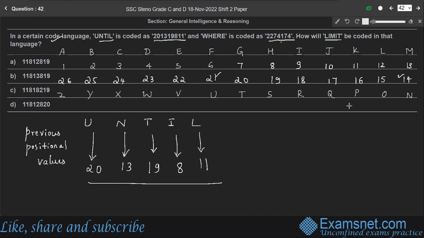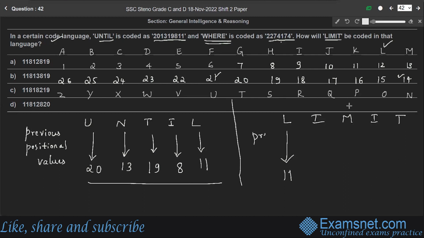Similarly, WHERE is coded by considering the previous positional value of each letter. Now we have to find the code for LIMIT. So consider L: its positional value is 12, its previous value is 11.